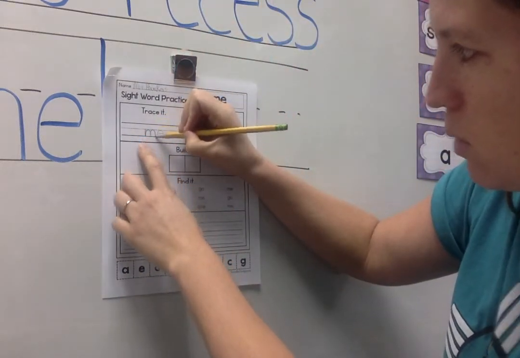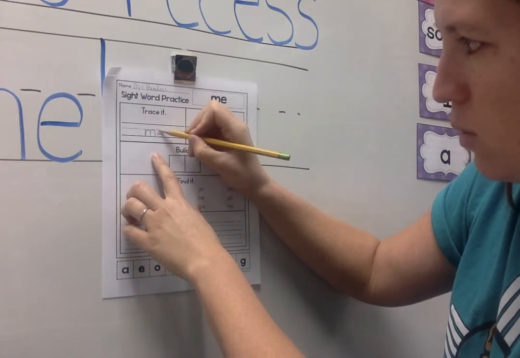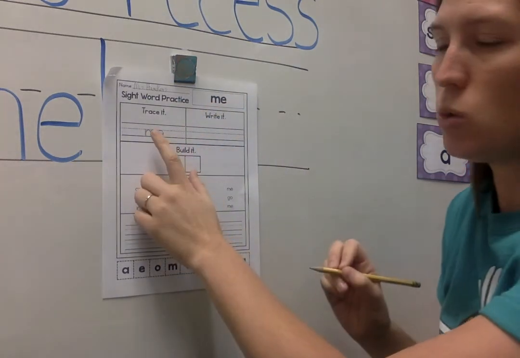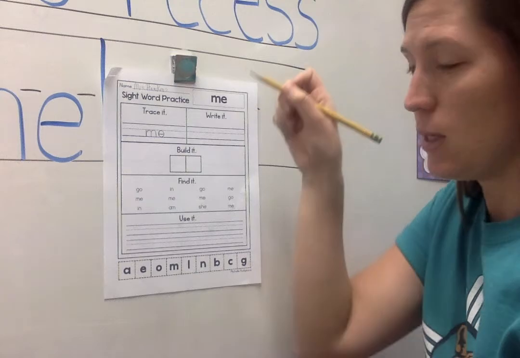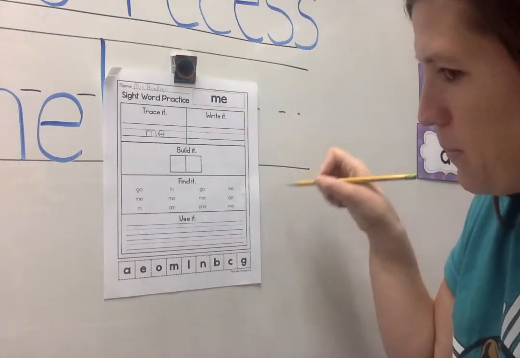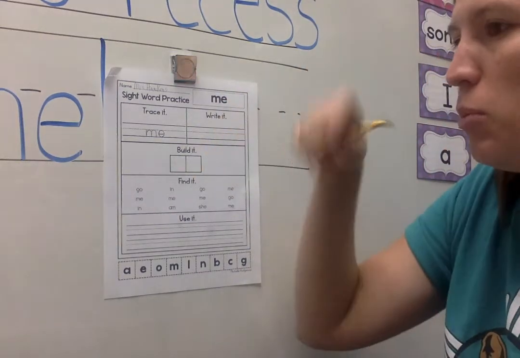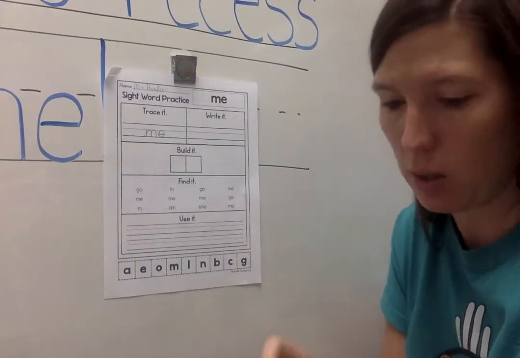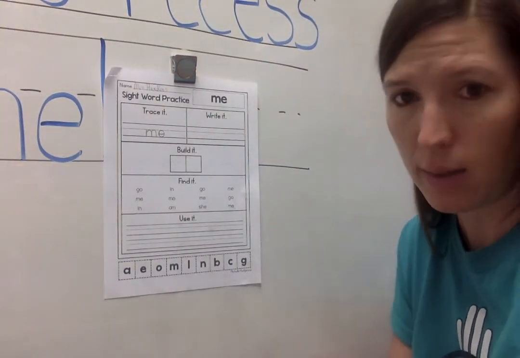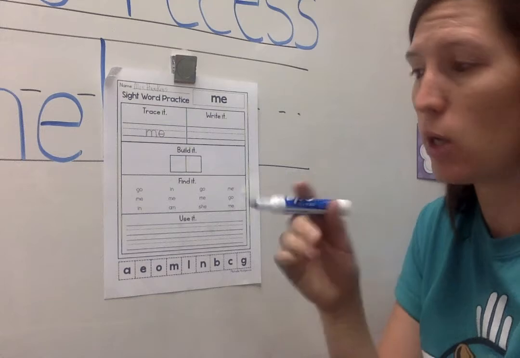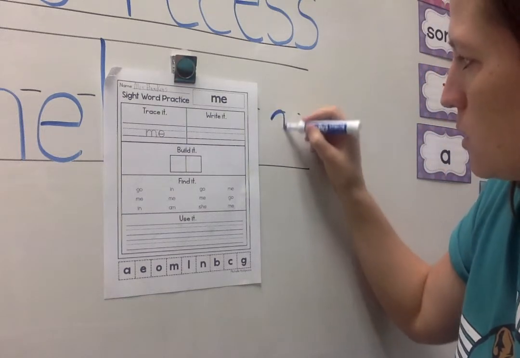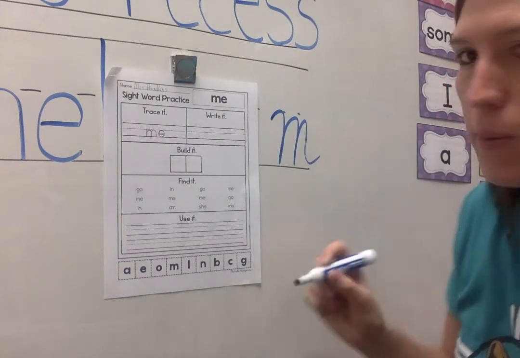Down, hump, hump. E, over, up, and around. When you do your lowercase m, it's down, hump, hump. Don't go down, pick it up, pick it up. That's not how we do it. Because like I said before, a lot of the letters that we're not supposed to pick up, when you learn how to write cursive, M is down, hump, hump.